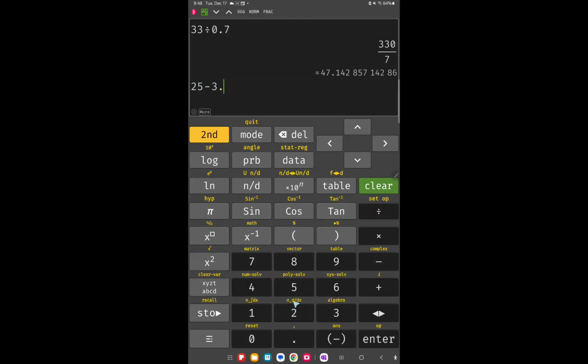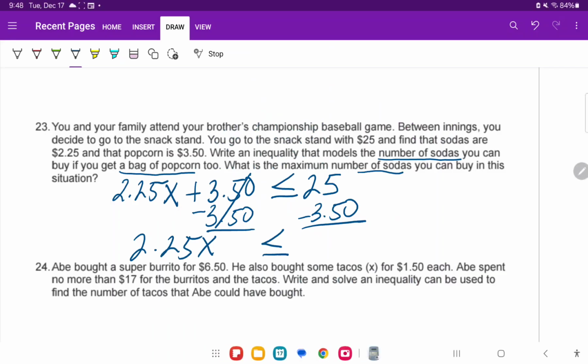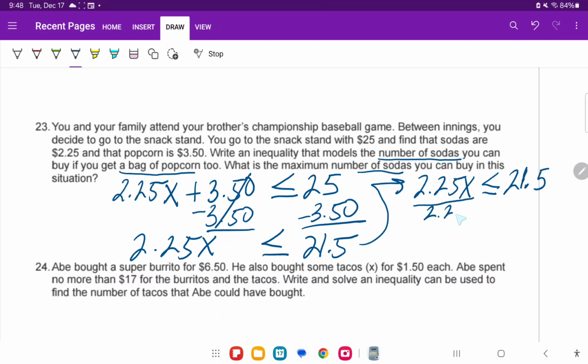That is going to be 21.5. All right, so this is 21.5 right there. So we have 2.25x less than or equal to 21.5. So I'm going to divide by 2.25 on both sides.